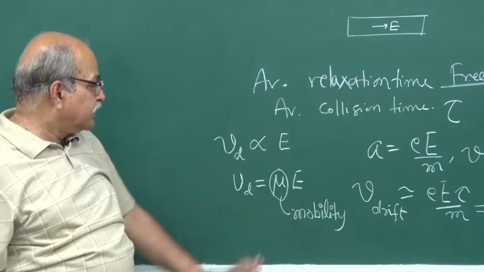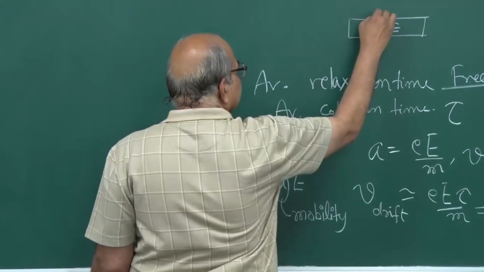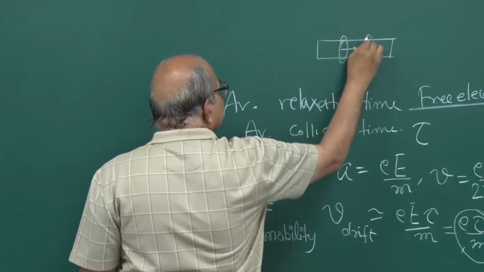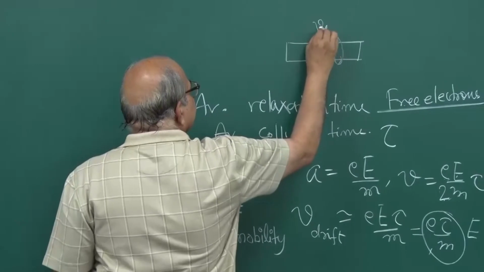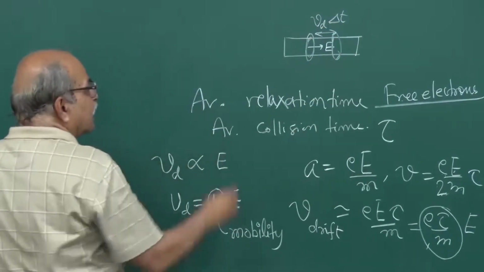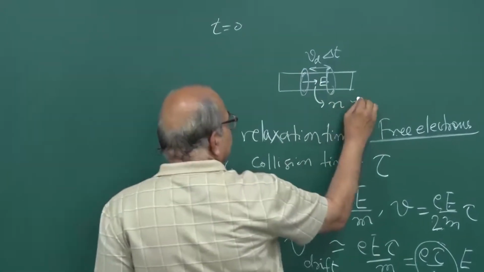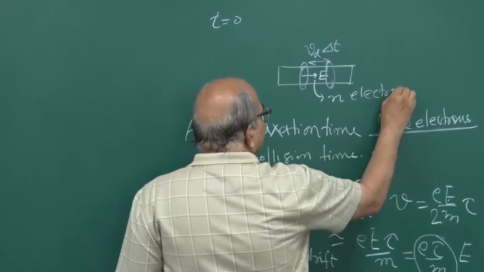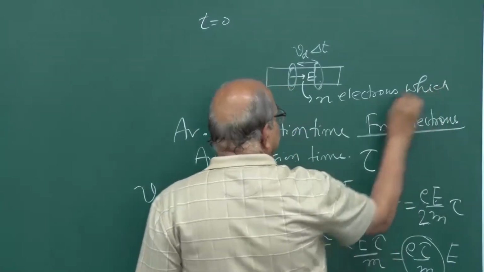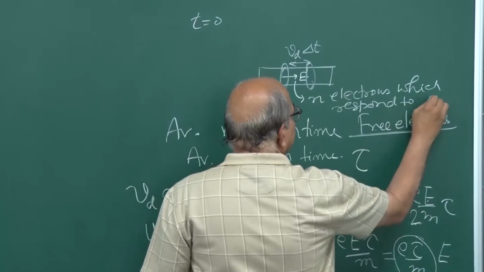Then you can work out that if you take some cross section here, and another cross section here, with this length as Vd times delta t, then at t equal to 0, there are n electrons which respond to the E field.